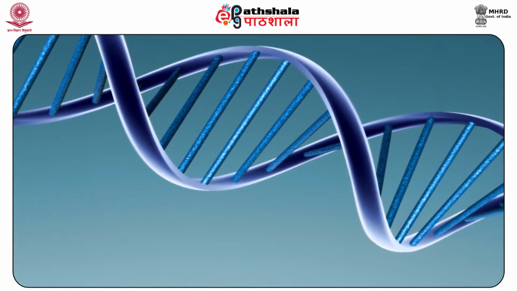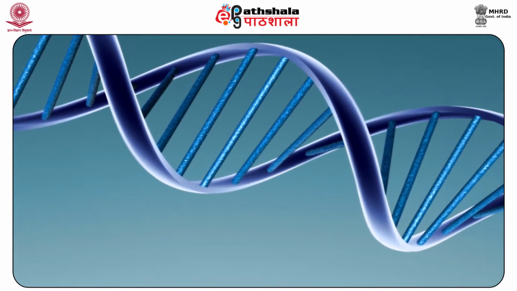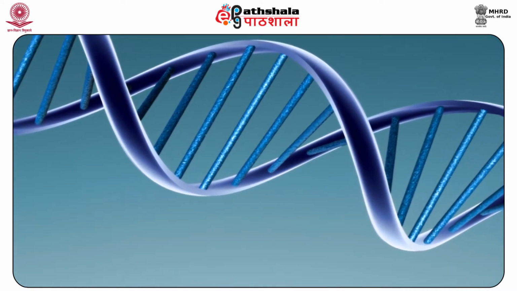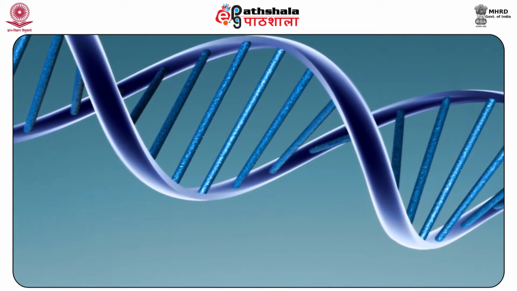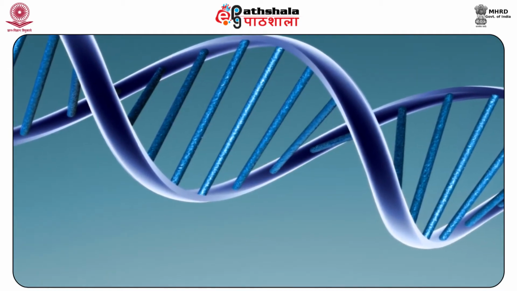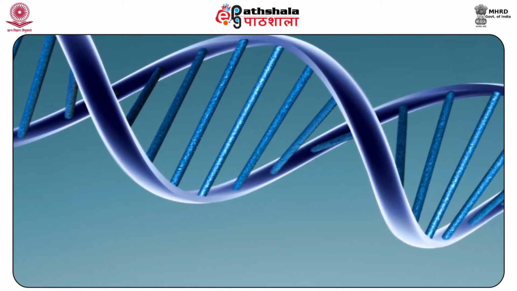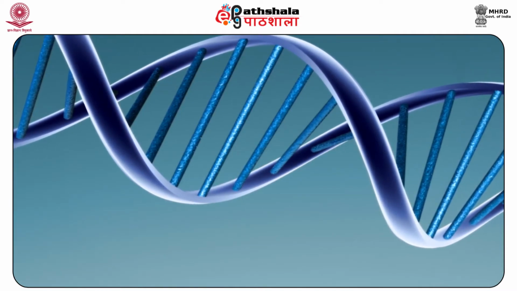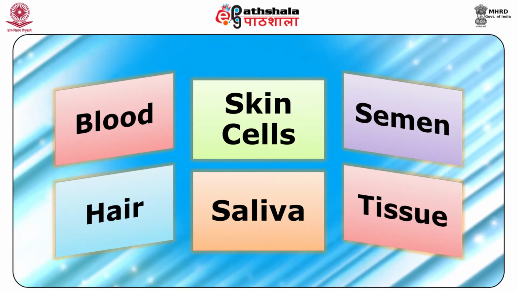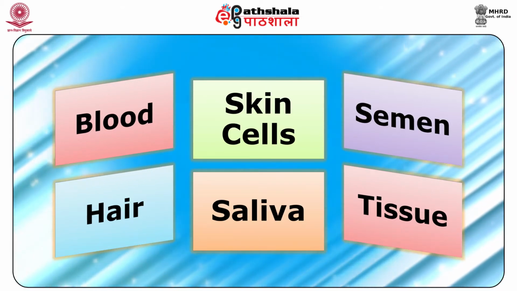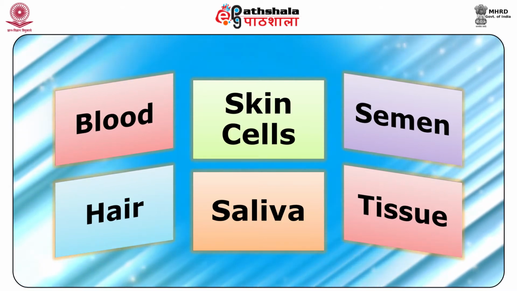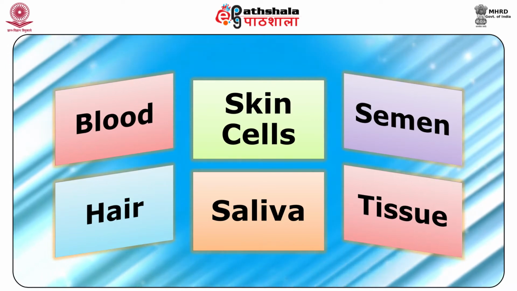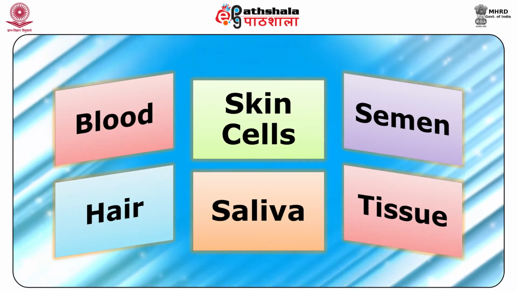Additionally, biological material can be a source of DNA, which can allow an individual to be linked to a scene and a specific biological sample. DNA can be obtained from a variety of sources, including blood, skin cells, semen, hair, saliva, and tissue.